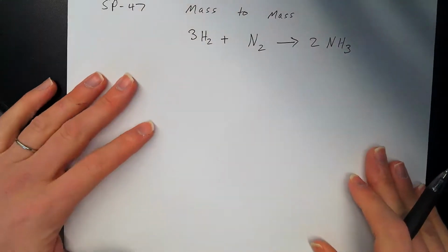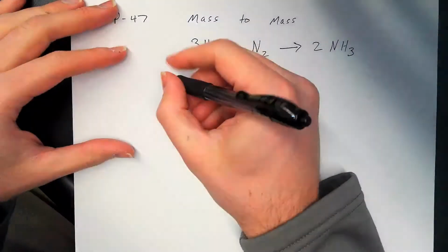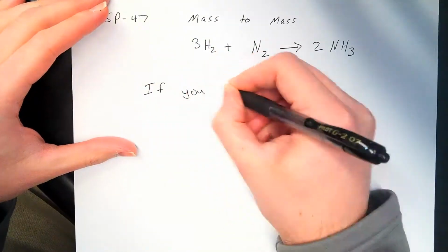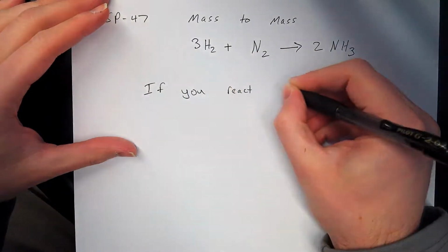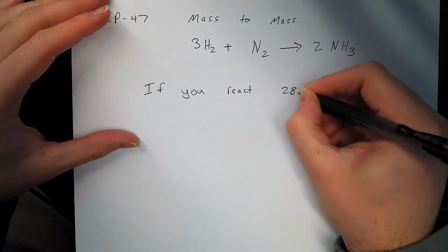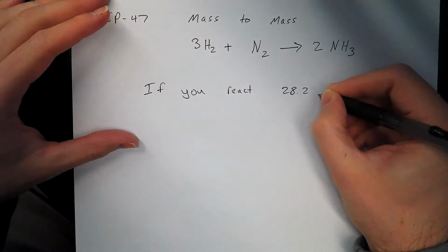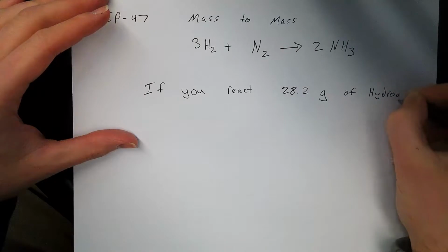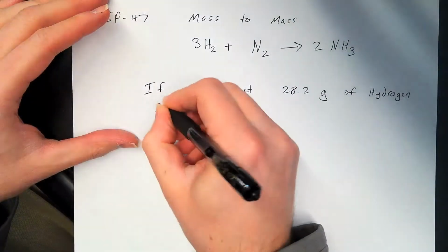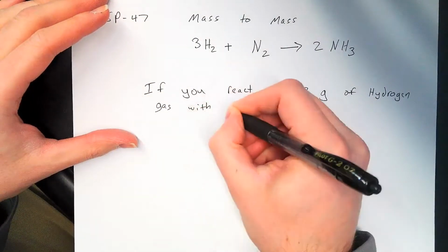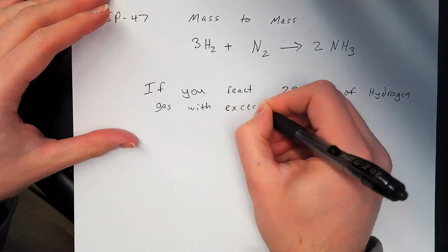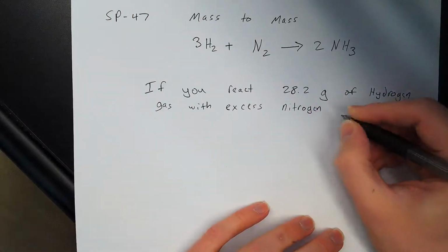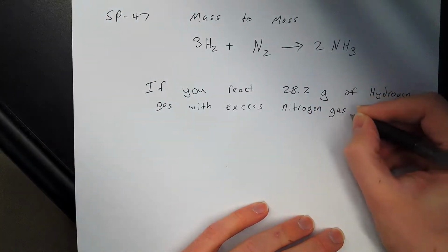So, basic problem. Let's see, what would it say? So let's say if you react, we'll say 28.2 grams of hydrogen gas with excess nitrogen gas.